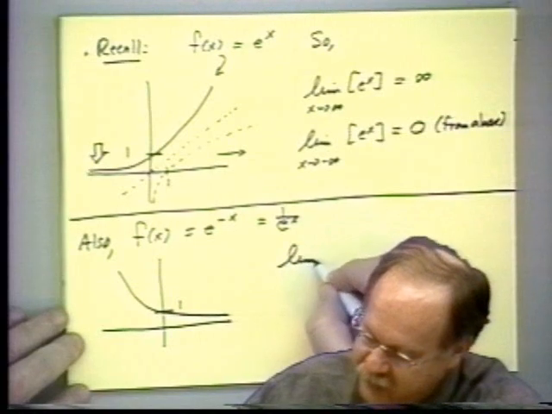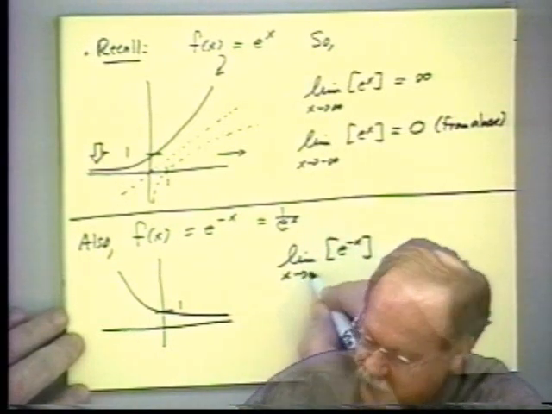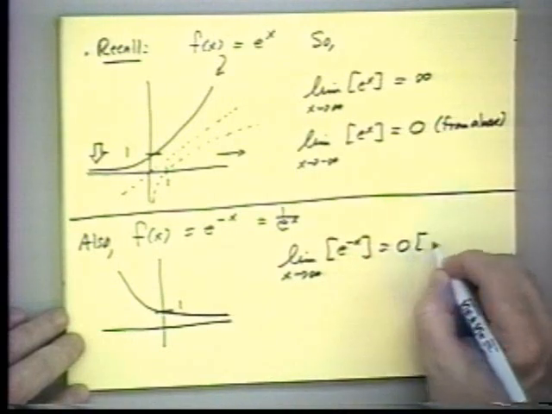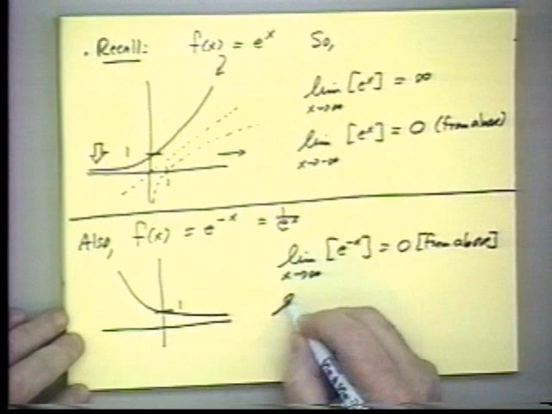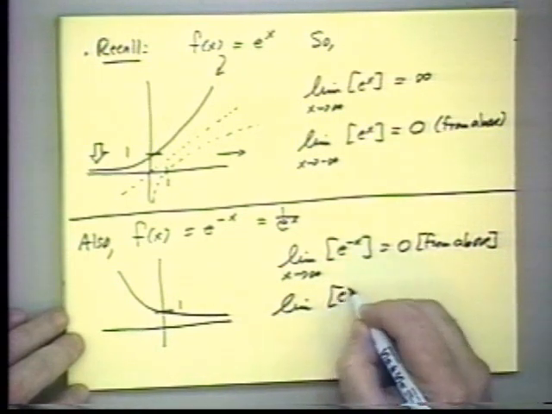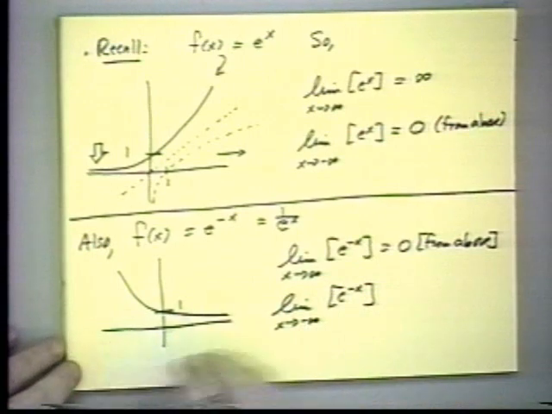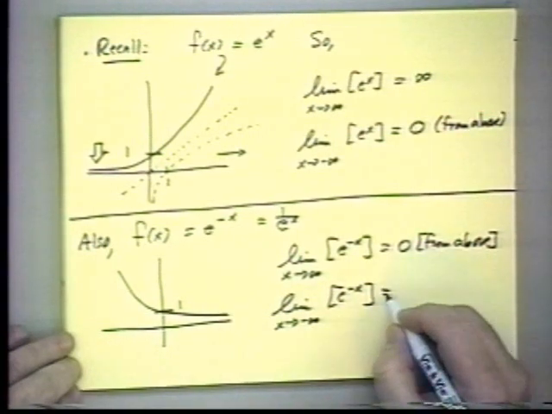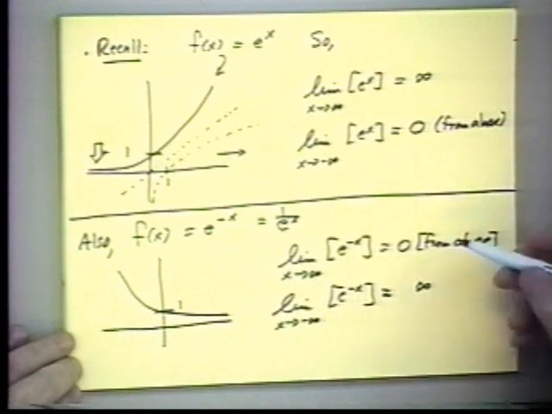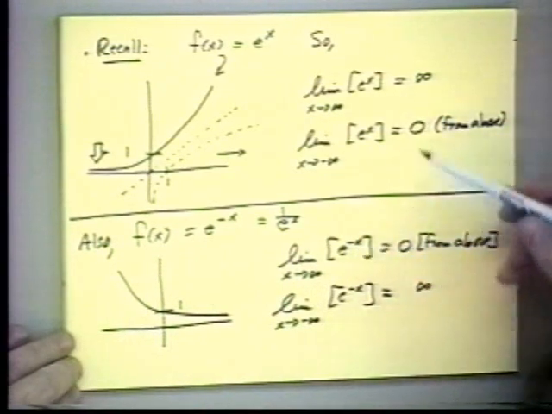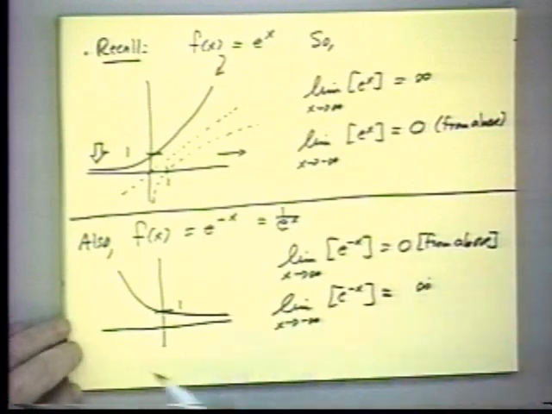And as you can see from this picture, if you take the limit of e to the minus x, as x goes far to the right, you're getting 0 from above, and the limit of e to the minus x, as x approaches negative infinity, goes far to the left, we end up with, you can see what's happening here, it's growing to infinity. So you see, if you have e to the minus x and compare it to e to the x, they are exactly reversed in their behaviors.